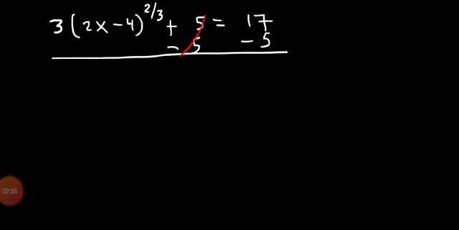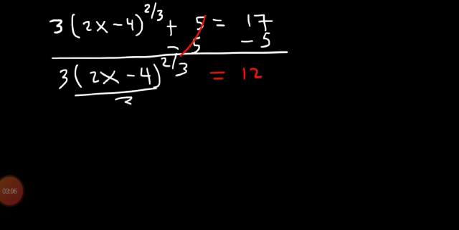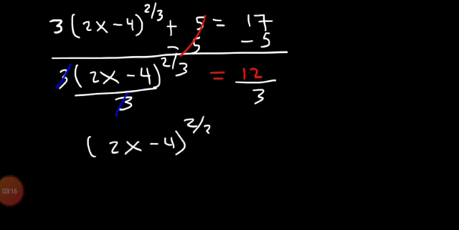After simplification of 17 and negative 5, we have positive 12, because 17 is greater. 3 into (2x minus 4) with whole power 2 by 3 is equal to 12. Now 3 we will divide on both sides. In the next form, (2x minus 4) to the power 2 by 3 is equal to 4.